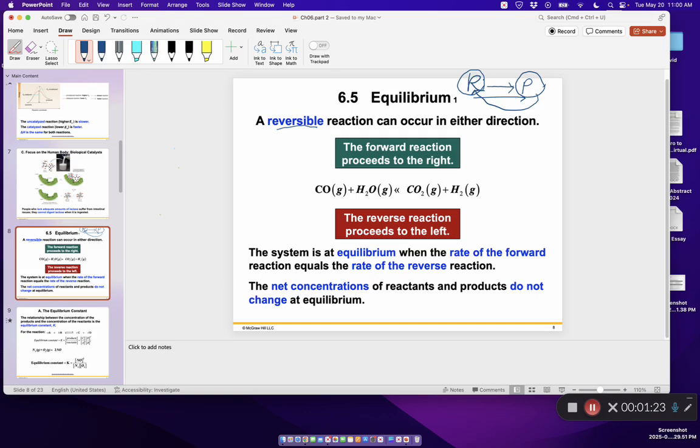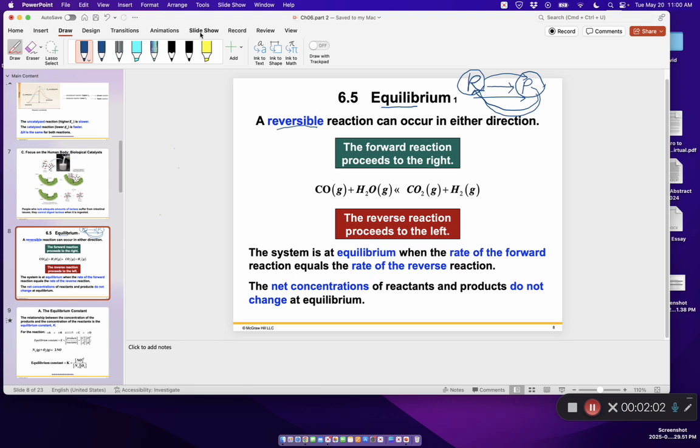Reactants becoming product is a forward reaction, and products becoming reactants back is a reverse reaction. So in a reversible reaction, both forward and reverse reactions are possible. So in today's lecture video, we are going to explore this kind of reaction. We are going to understand what equilibrium is, what the different characteristics of equilibrium are, and we will learn about Le Chatelier's principle. Okay, so let's get started.